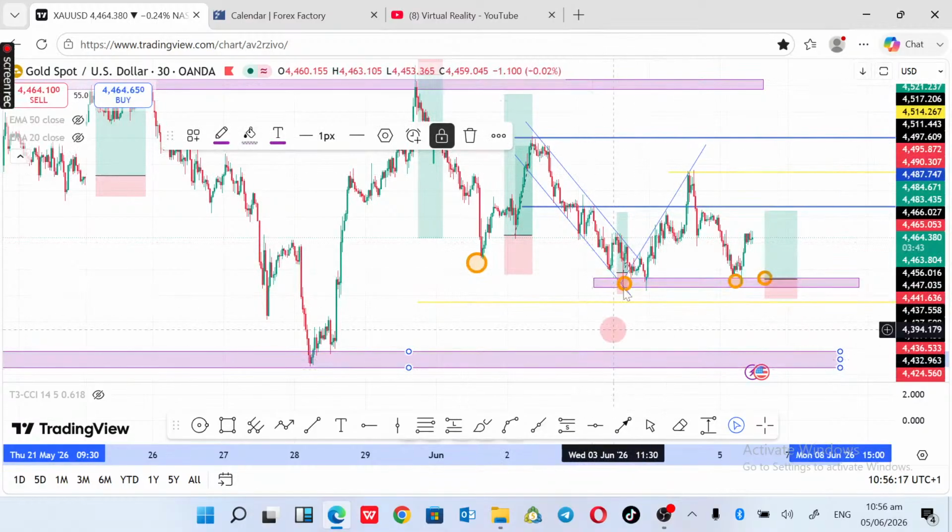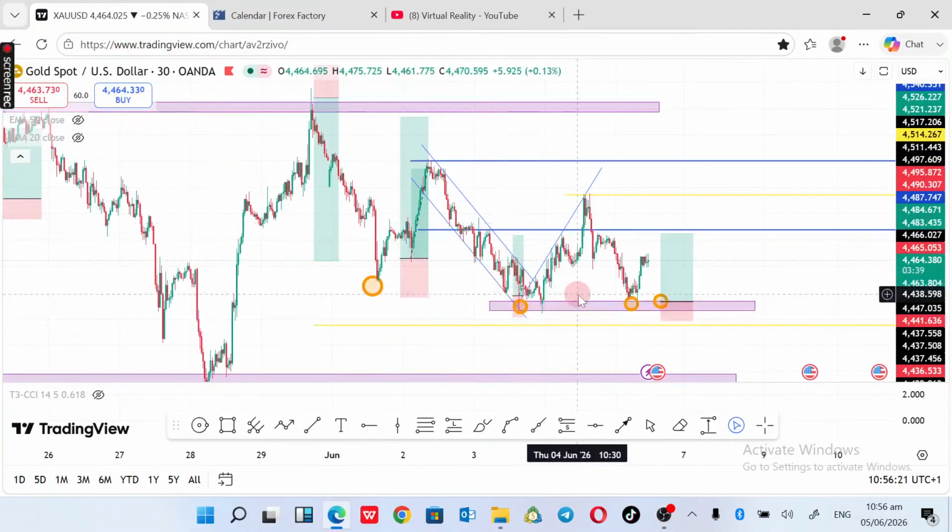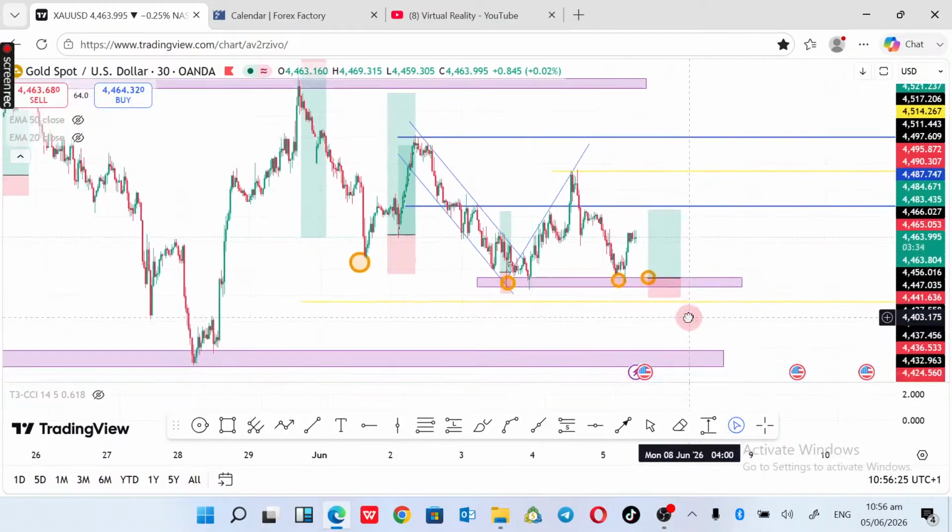So this is our support, this is our resistance. What we expect the market to do, I think the market is more or less still dropping down to the lower zone. But mind you, there are two ways there.